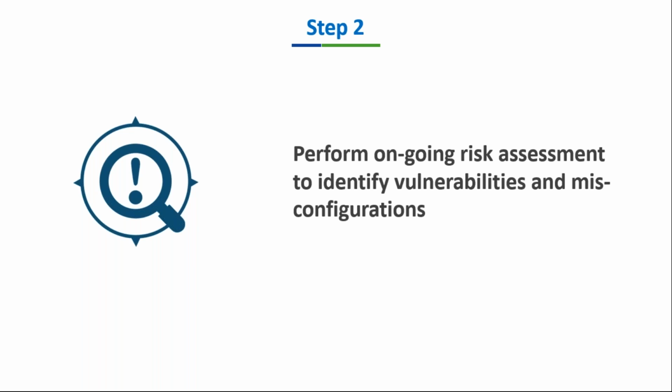It's important to run these scans or risk assessment exercises on a day-to-day basis, and this needs to be an automated exercise. It cannot be a manual effort, digging through all the IT systems and figuring out what issues could be present.